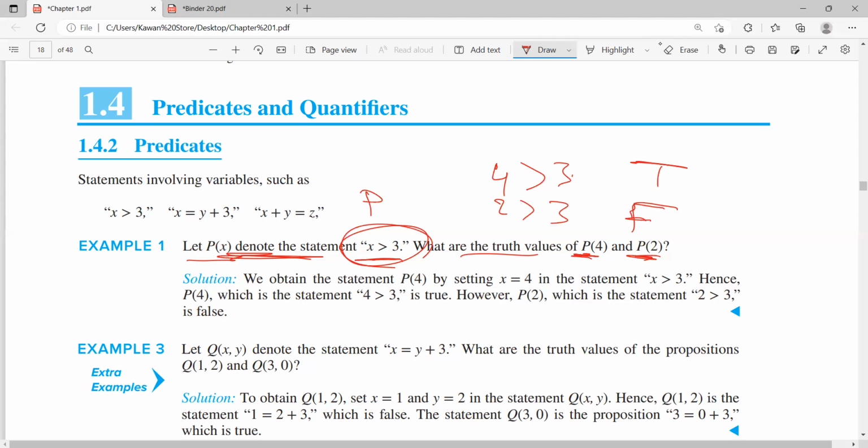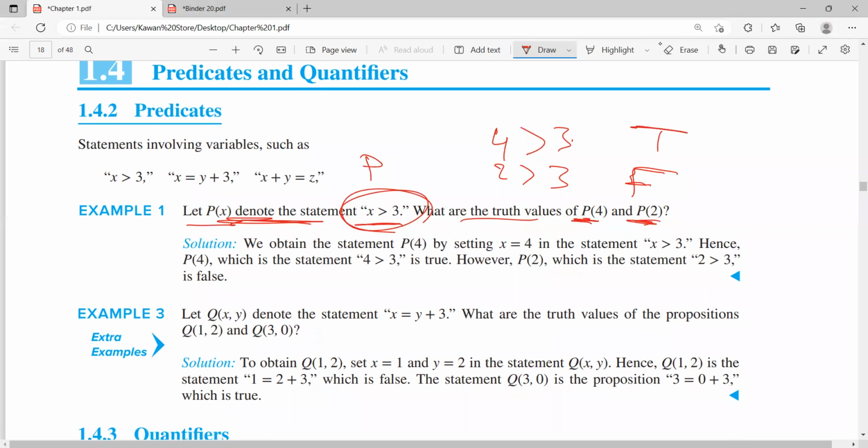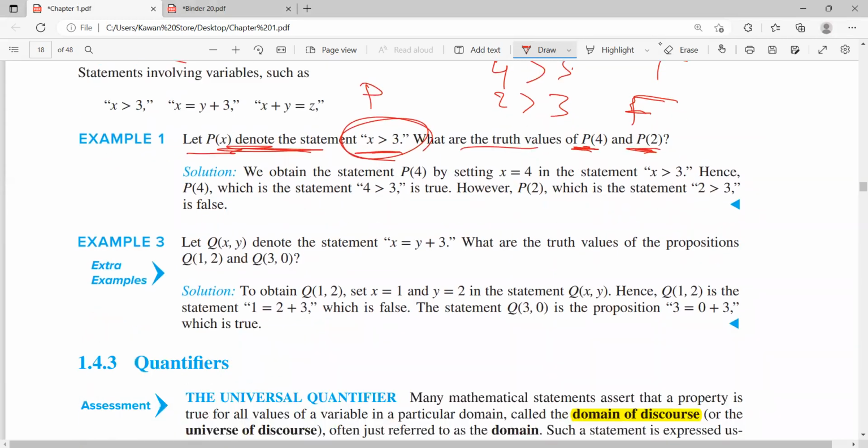Now, this is actually the predicate, sorry, not quantifiers. Here the predicate does something too: it means that you substitute, and then you tell me whether the result is true or false. For example, we have two variables. We say Q of X is the statement, where Q is X equal to Y plus 3.